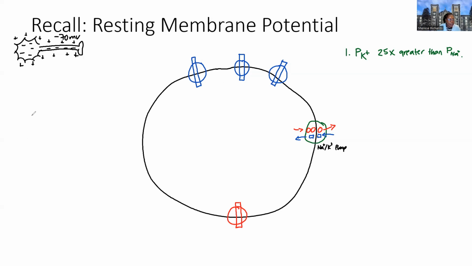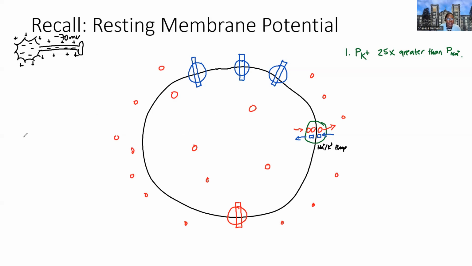Now let's begin to think about our relative concentrations. So inside the cell, we have more potassium, right? Remember, we think about our sodium-potassium pump, pumping potassium in. Let's start with sodium. Inside the cell, we have less sodium. And then outside the cell, we have much more sodium. Okay, so greater concentration for sodium outside our cell.